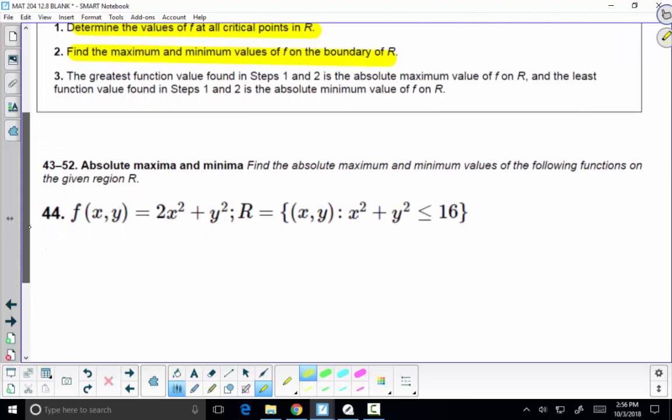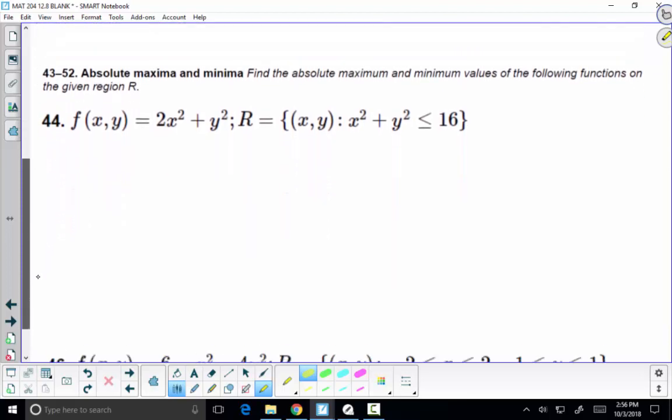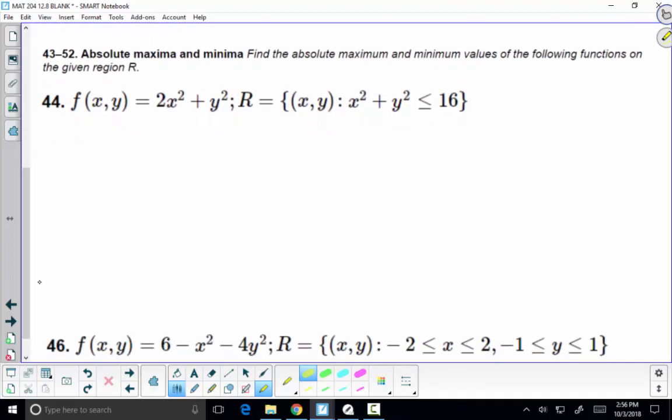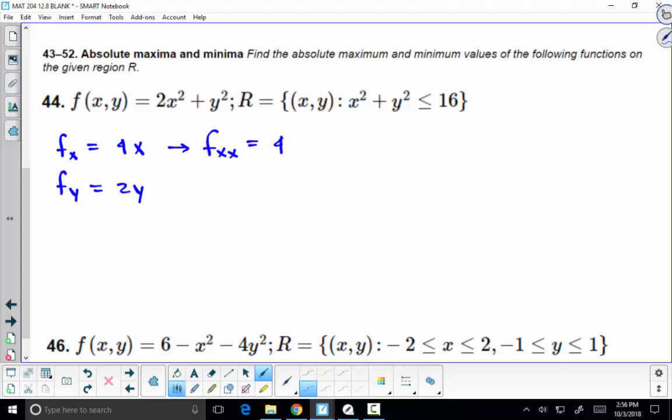So let's try this. We've got this function of 2 variables. It's a surface. We are going to have to find f sub x and f sub y, so let's mindlessly do that first. As long as we can do mindless activities, keep on trucking.